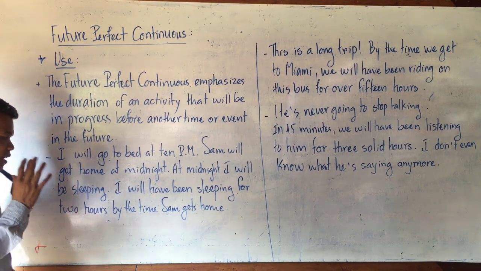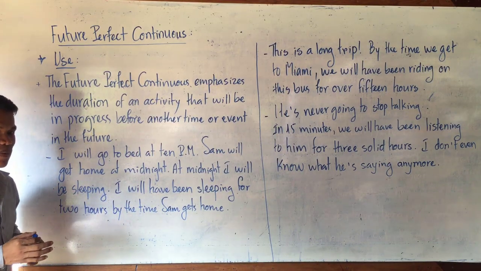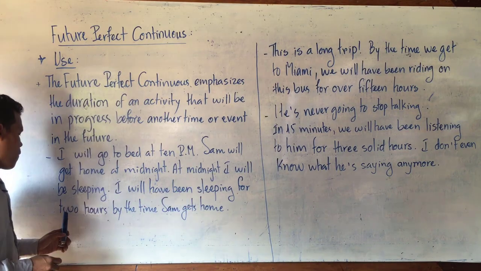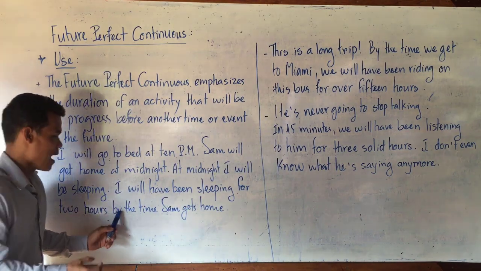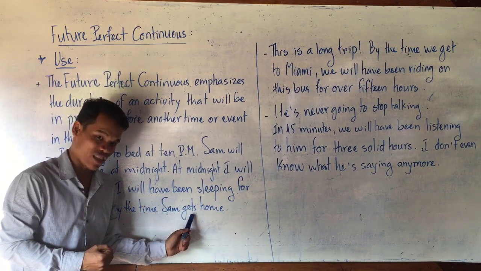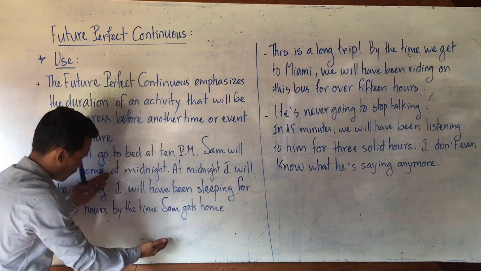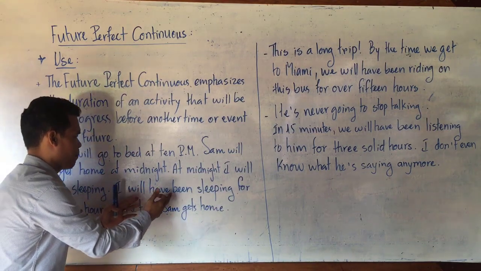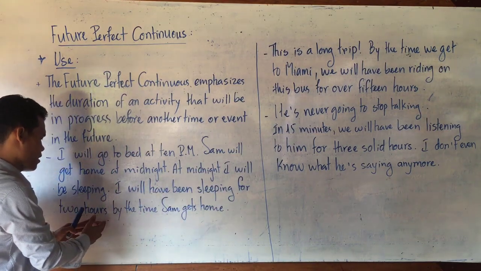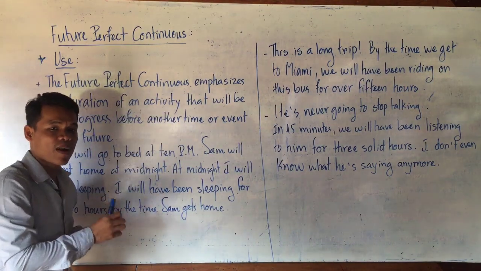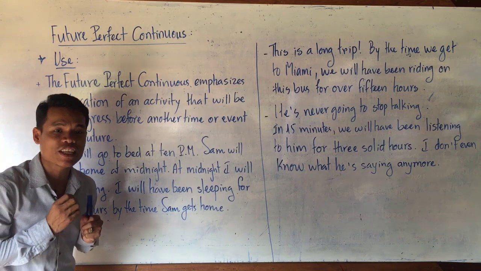So we can write the future perfect continuous: I will have been sleeping for 2 hours by the time Sam gets home. This is the example of the future perfect continuous.